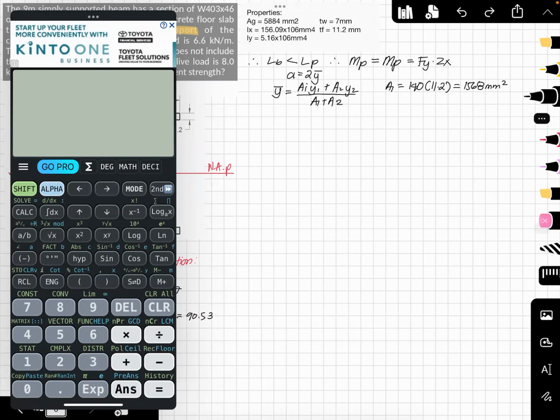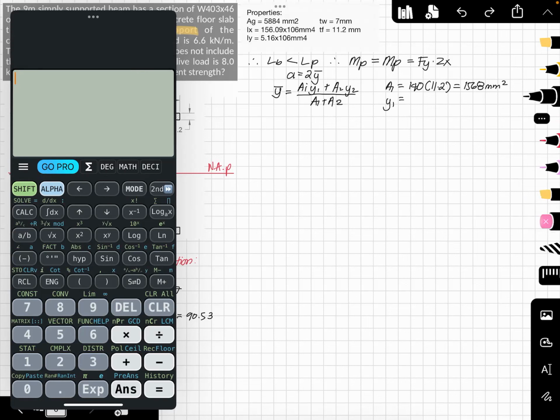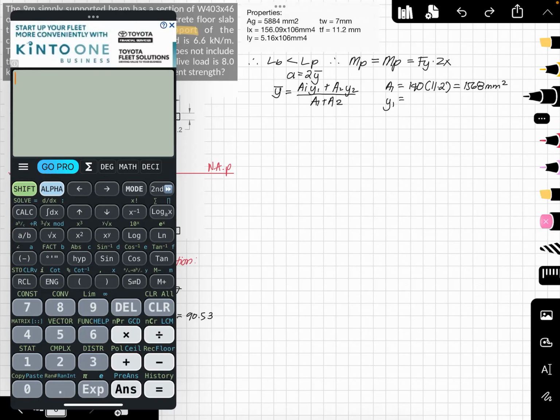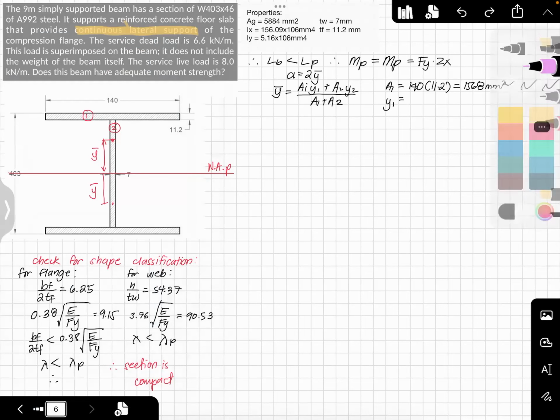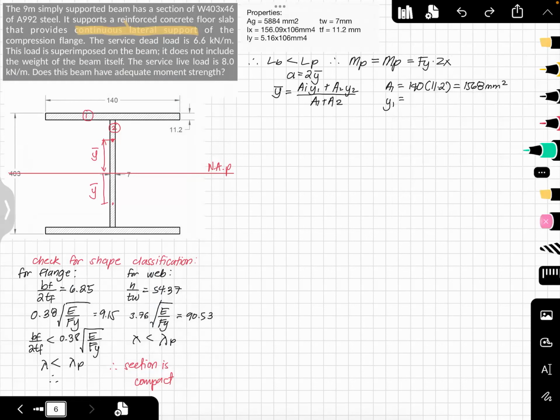Y1 is the distance of the centroid with respect to the plastic neutral axis.